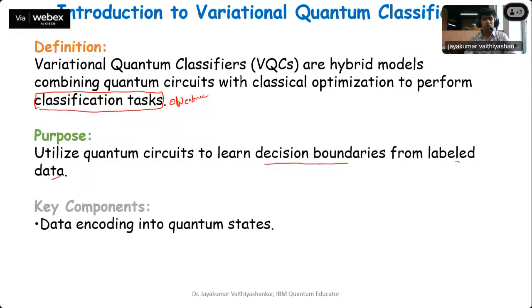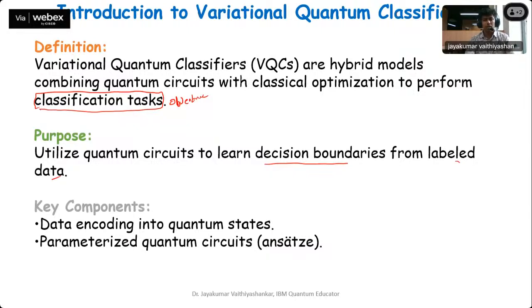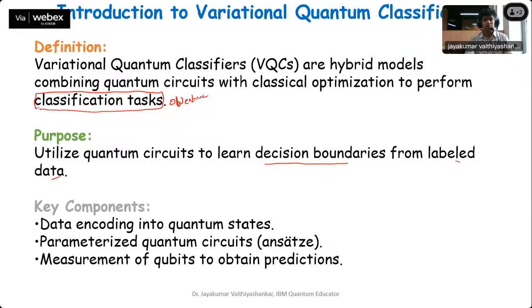Right. So what are the key components we need to know? We need to do data encoding into quantum states, and we need to use parameterized quantum circuits. This will give better predictions when you do measurements. You will get output only after measurement. Again I will reiterate, whatever we do with quantum machine learning, we are doing at toy level, basic level.